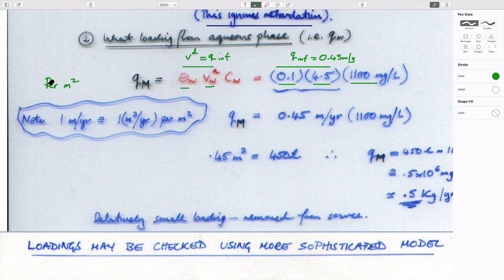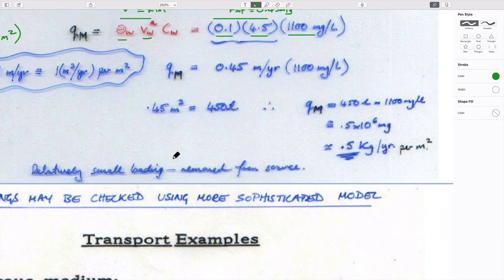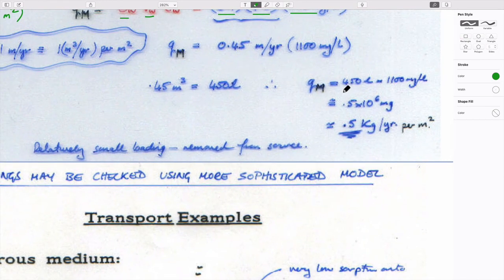or per unit area squared. So it's in meters cubed per meter squared. The units of this have to be a velocity multiplied by a mass per unit volume. And so we end up having an imbalance in terms. So to get the areal component, we have to multiply by an area. And so that gives us a mass loading, if we multiply this, of 450 liters per meter squared per year.